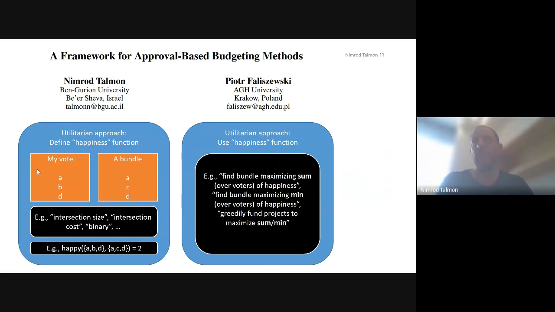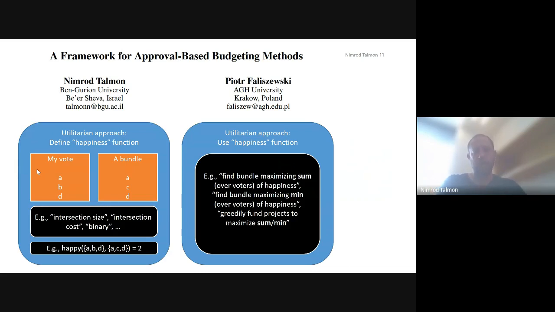For each one of these possibilities, I want to define some numeric value that will be the total happiness or the total utility that this bundle gives to the society. One way to do this is to define for each possible bundle the utility that this bundle gives to a single vote, and then to define the utility of the bundle as a whole as the sum of the utility that is given to all of the voters. And this is what we try to do here.